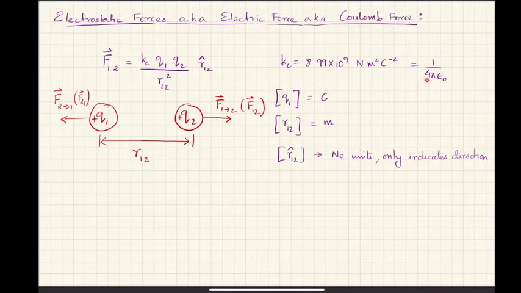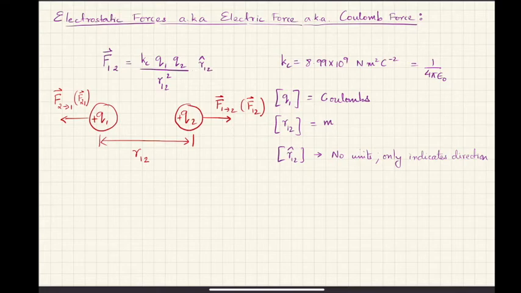Okay. The next thing is, let's look at each of these terms. So Q1 corresponds to the charge. So what is charge? It's some intrinsic property of the object. It can be positive or negative, and it has units of coulombs.